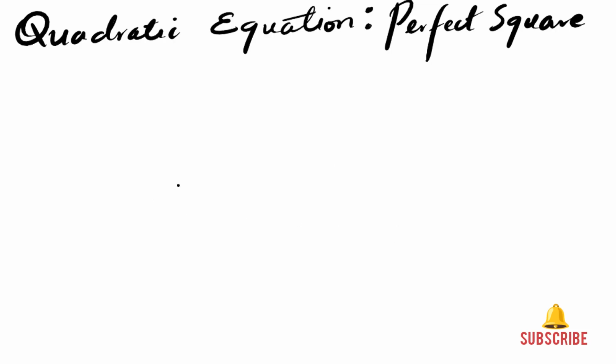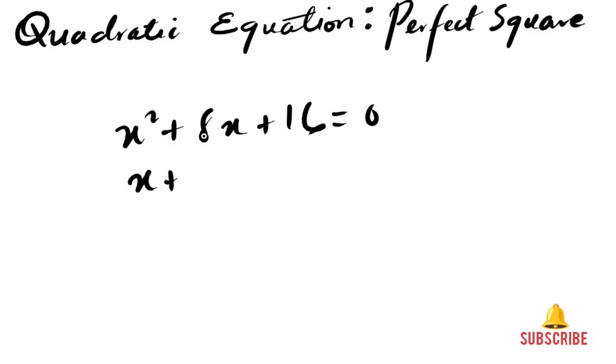Let's consider a particular expression like x squared plus 8x plus 16. We can write it as an equation by putting equals 0. If we solve this equation using the factorization method, let's see what it gives us. What do we add together to give 8?